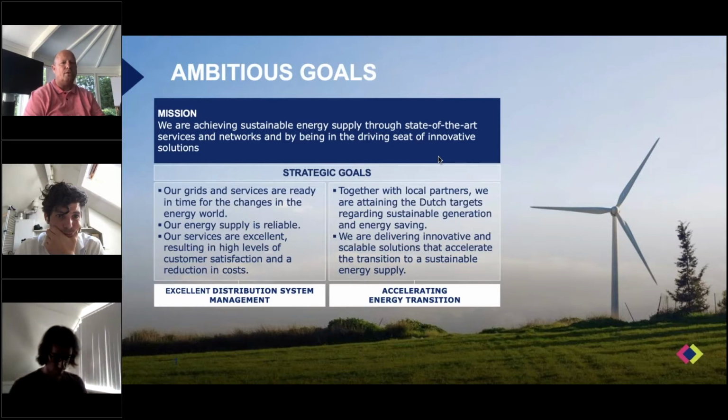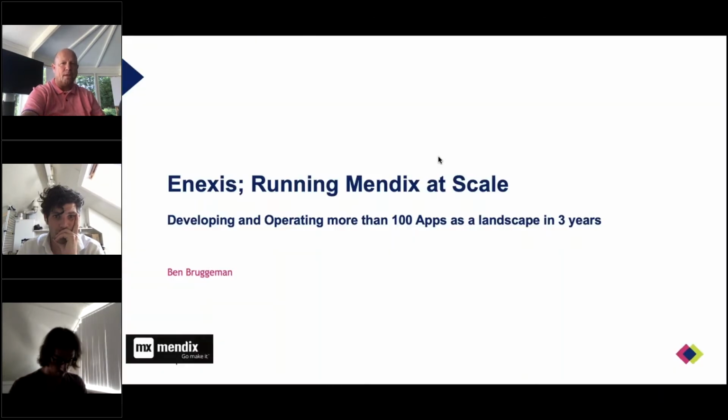The strategic goals were that we have to be excellent in what we do, which is distribution system management, and we have to accelerate into the energy transition, a transition which we do not know what it is going to look like. So that needs some change in it.